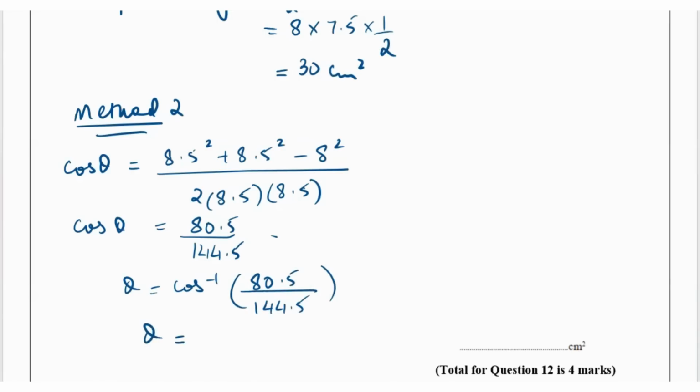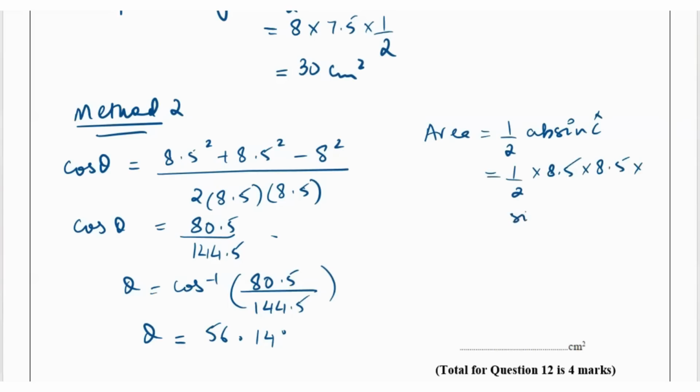So that's going to give us 56.14. Then for the area, you would do 1 over 2 ab sine C. This formula is also given in the formula sheet. So our a and b values are 8.5. For this formula, you need two lengths and the angle between them.